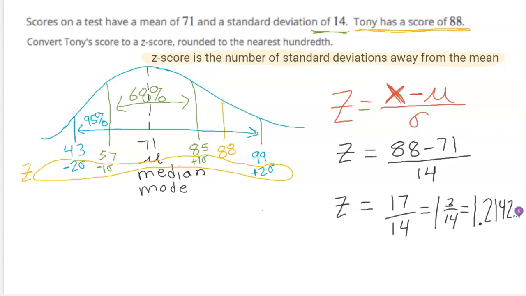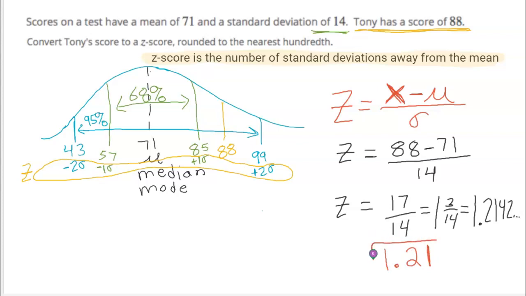Okay, you were good about reading the directions. The directions said round to the nearest hundredth. So you did. And you said our answer is going to be 1.21 because the 4 does not make you round up.